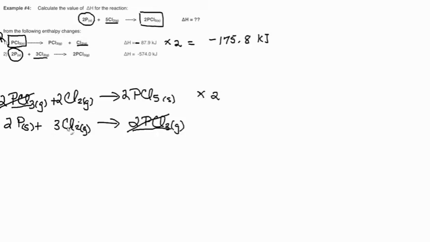Everything else that's left is going to be incorporated into the original equation. So we have 2P plus, we have 2 Cl2 here and 3 Cl2. That gives a total of 5 Cl2s.